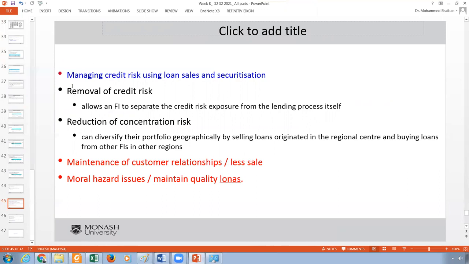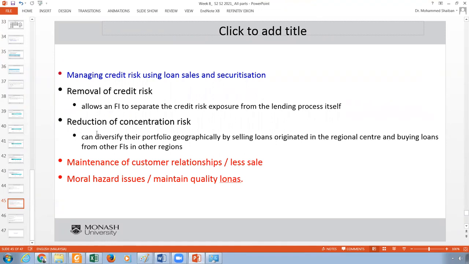Please understand that we can also manage credit risk, and this should be known to you, through loan sales and securitization. We can just sell the loan and get out of the credit risk and collect its money, and that's it. But of course we have to be careful when we use securitization and loan sales, because there is the customer relationship.